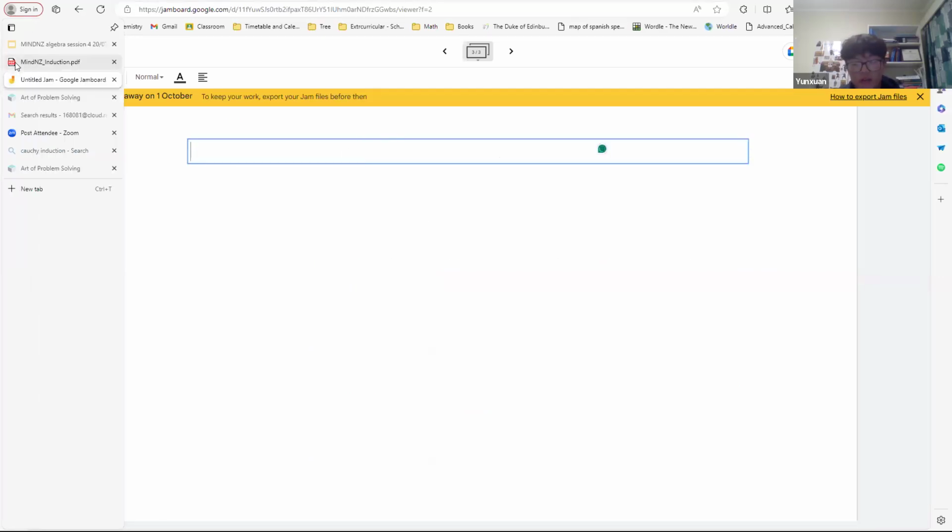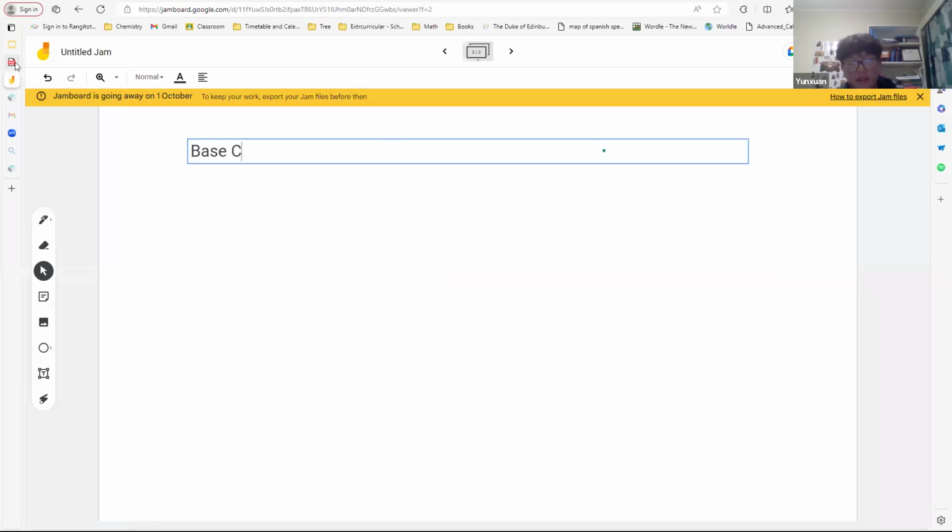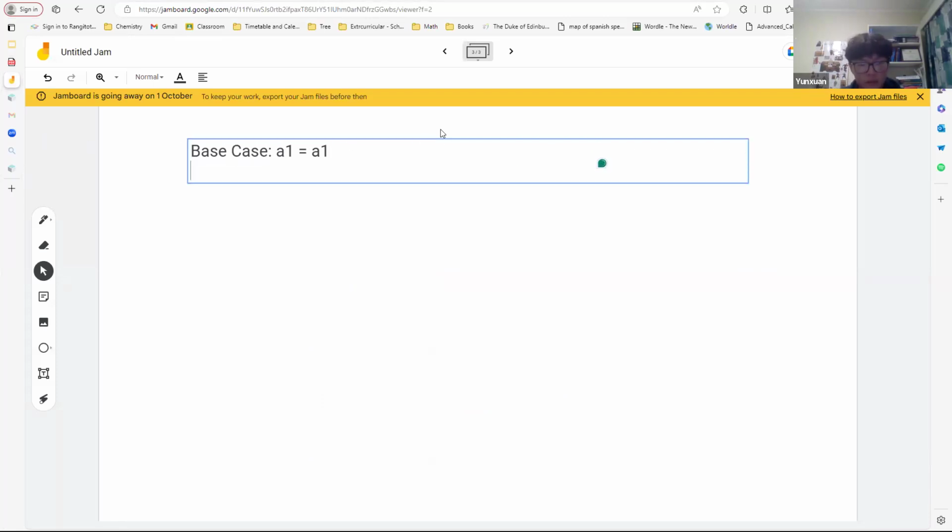So what would be the first step? It would be the base case. What's the base case? It's just a1 equals a1, so a1 is larger than or equal to a1. And then what would we assume after that? Oh wait, no, let me give you guys another hint.